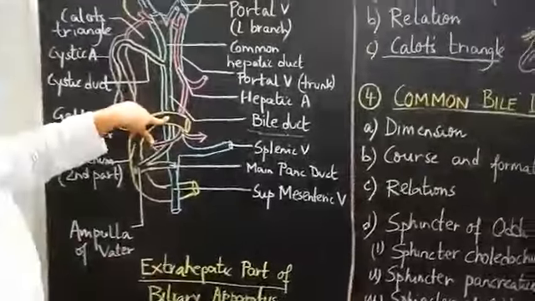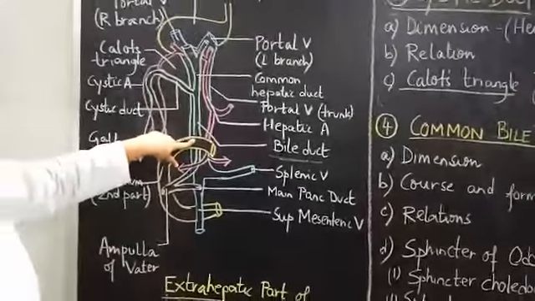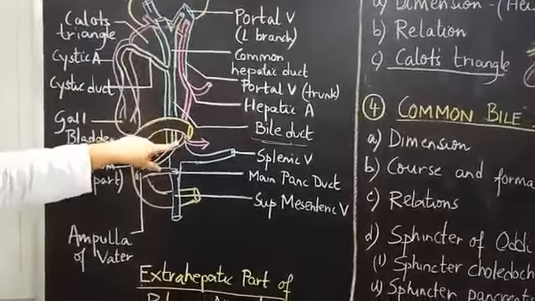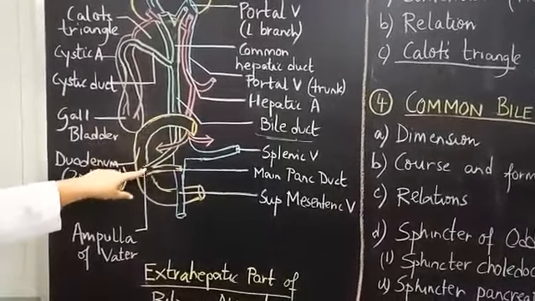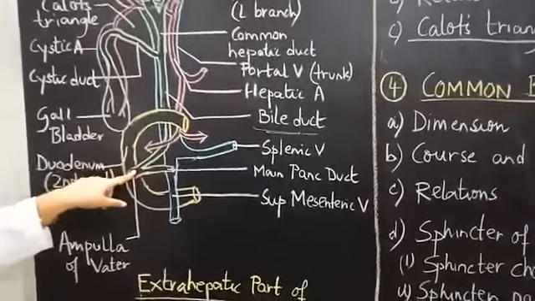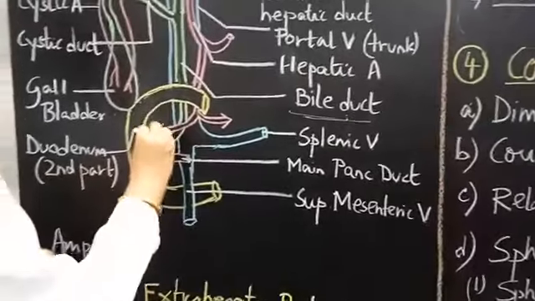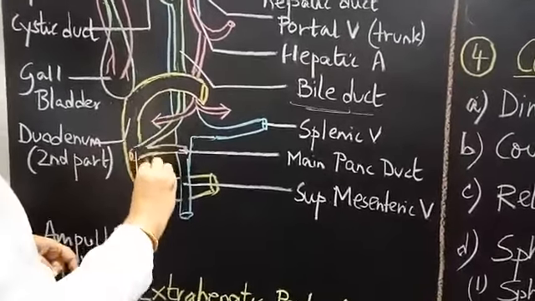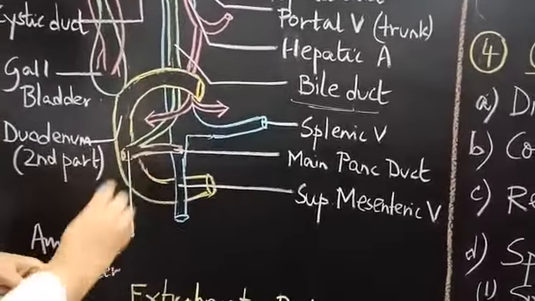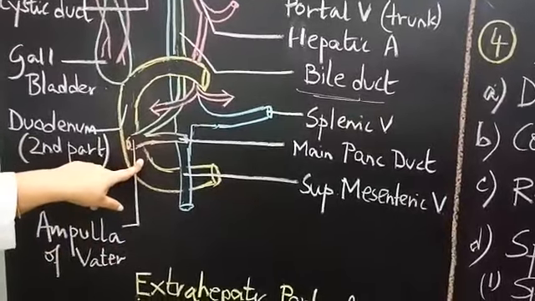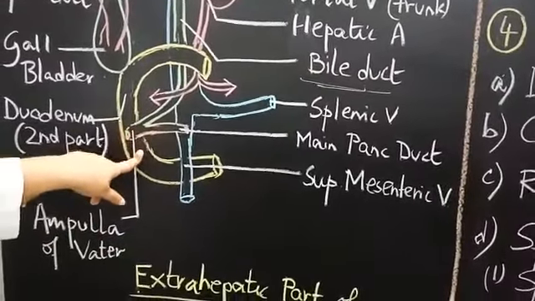Sometimes it is embedded within the substance of the pancreas also. Then it enters the posteromedial wall of the second part of duodenum. So this vertical part is the second part. It is entering into the posteromedial wall of the second part of the duodenum.